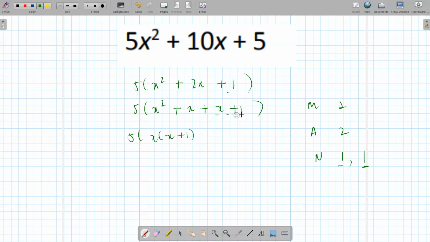And from the next 2, they don't have anything in common, but we can pull out a 1, because the goal is to have the same bracket. These 2 brackets have to be the same in order to use this method. So here, even though they had nothing in common, I pulled out a 1 because I wanted this bracket to be the same thing as this bracket, so that I can pull out that bracket. So you get 5 times x plus 1 times x plus 1. And there you go. That's the final answer for this one.